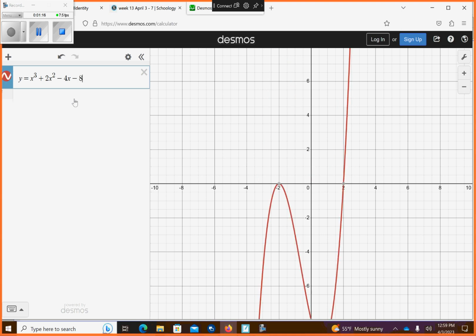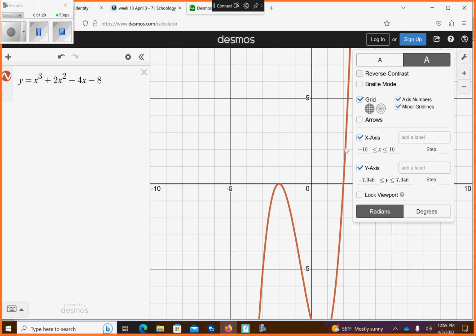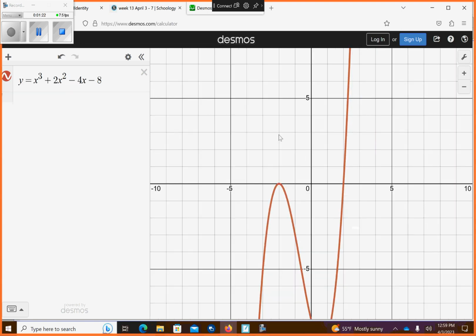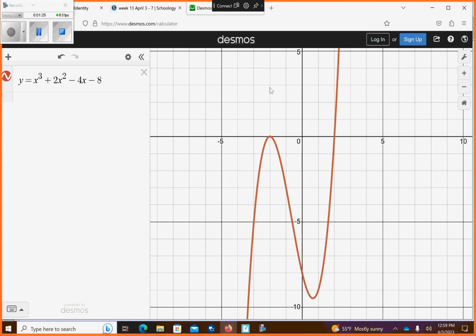All right, so this is our initial problem. As I go to the left, it goes to negative infinity. As it goes to the right, it goes to positive infinity. So let's find some values that are somewhat important for us.